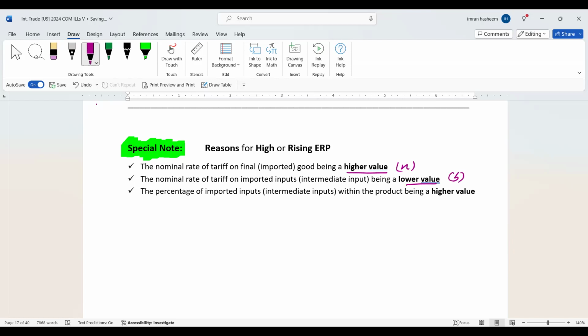Thirdly, and this is where many people get mixed up, the percentage of imported inputs within the final product, that is the A component, should be a higher value. Many people say it should be a lower value. No, it should be a higher value. If these three conditions are satisfied, then you will have a high or rising ERP. Get it? Really good thing to know.